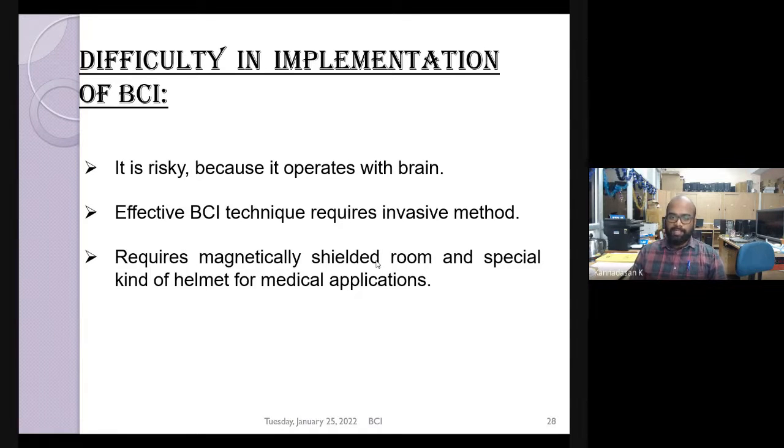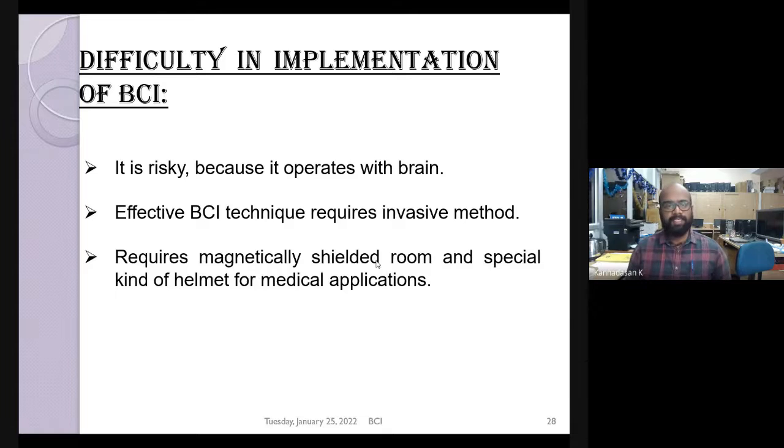But what is the plus point in this is all these things are for medical-related applications. So assume you are working on something like a wheelchair control, or an engineering application or general application. You don't need these kinds of things. I mean, you don't need invasive BCI. That is what I'm trying to convey. You just need a non-invasive BCI.